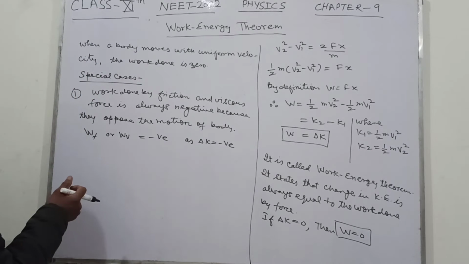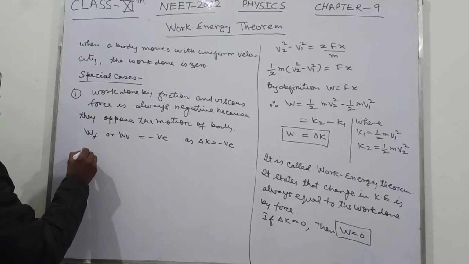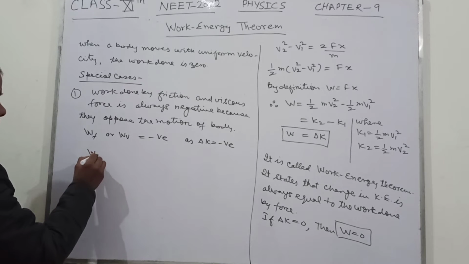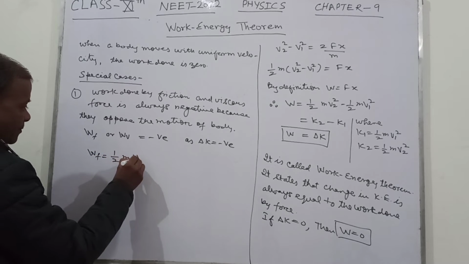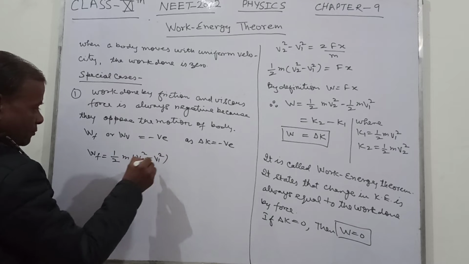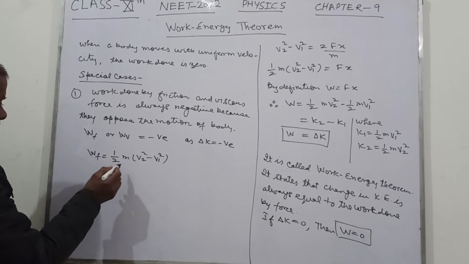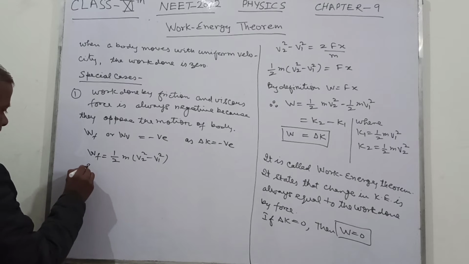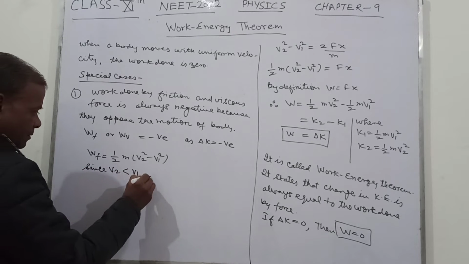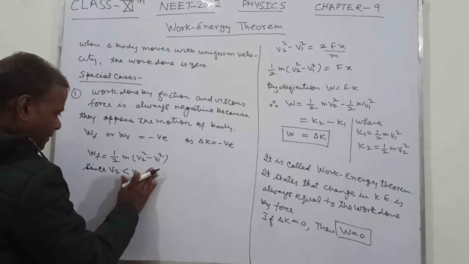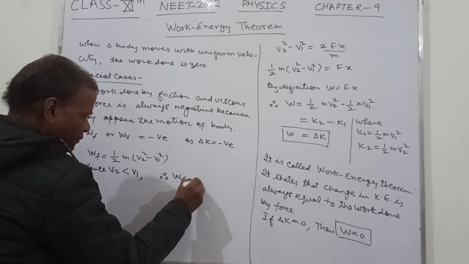Again we can have this relation: delta K is equal to half m (v2 square minus v1 square). Since v2 is less than v1, therefore delta K is negative.